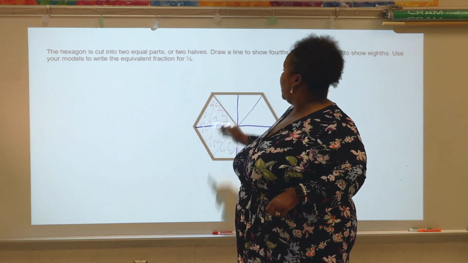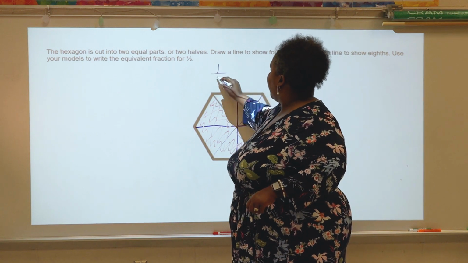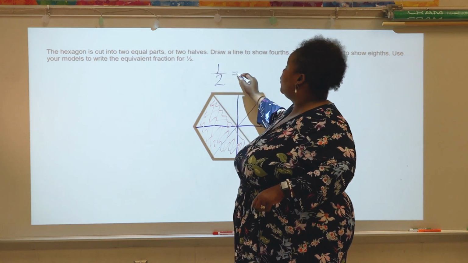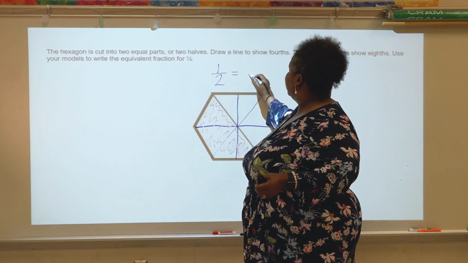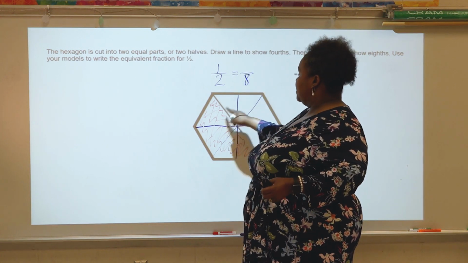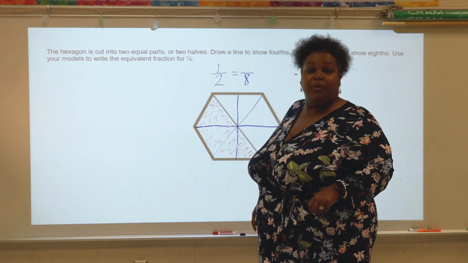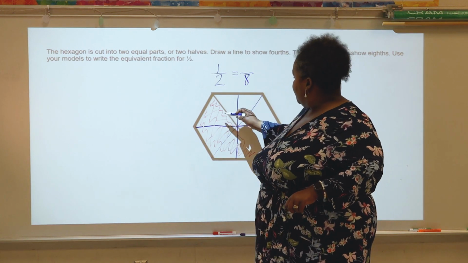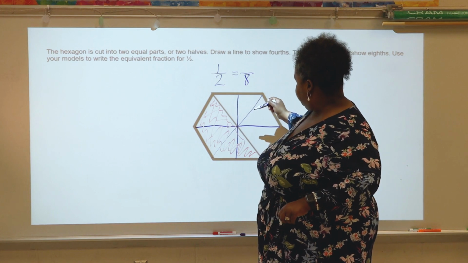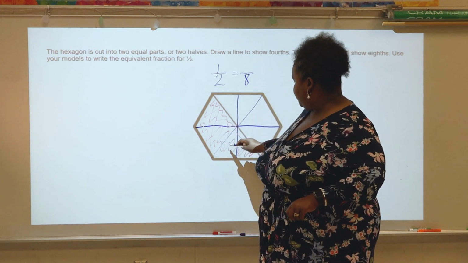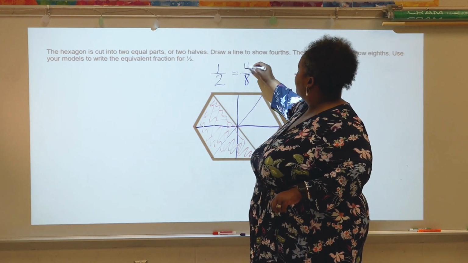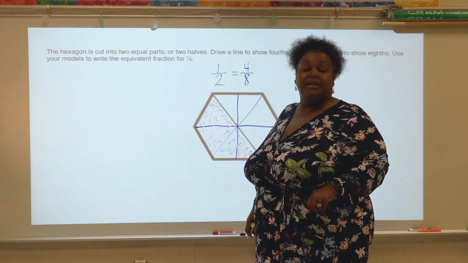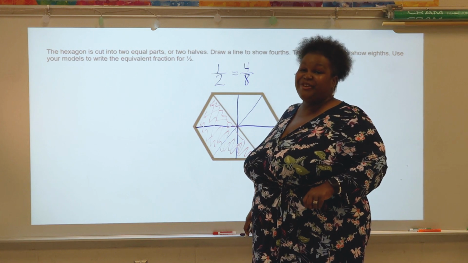So then I'm going to write 1 half is equivalent or equal to how many eighths? I'm going to put my 8 up there because it's divided into 8 equal pieces. Then I'm going to count. 1, 2, 3, 4. 1 half is equivalent to 4 eighths. Good job, guys.